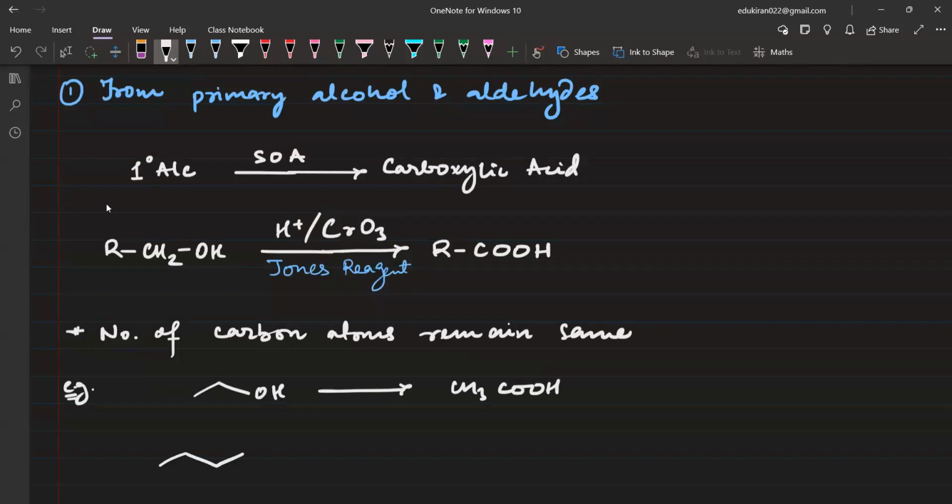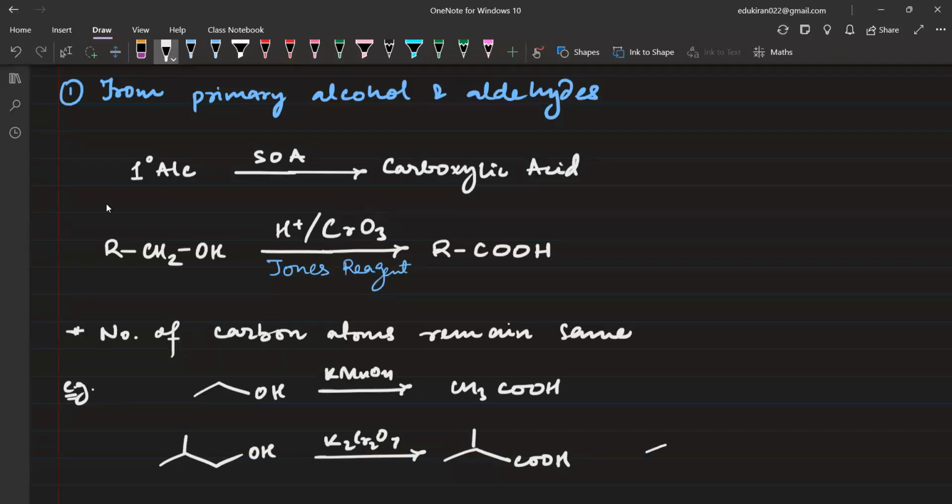Similarly, if you have something like this, primary alcohol, if you use, let us suppose, you can also use KMnO4, and you can also use K2Cr2O7. These are already present in your notes. एक नया आप याद कीजिएगा यहाँ से, Jones reagent. This is going to give you, there are 3 carbon atoms and 1 branch, and this will be COOH.